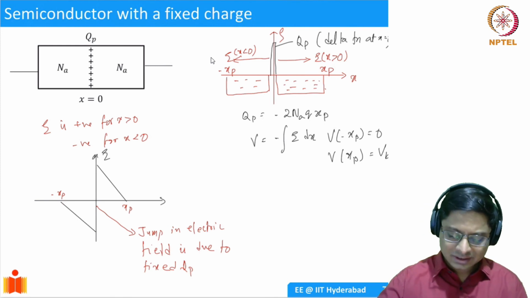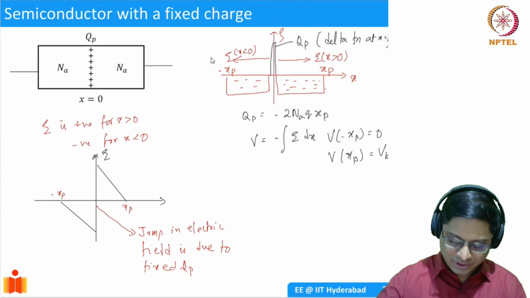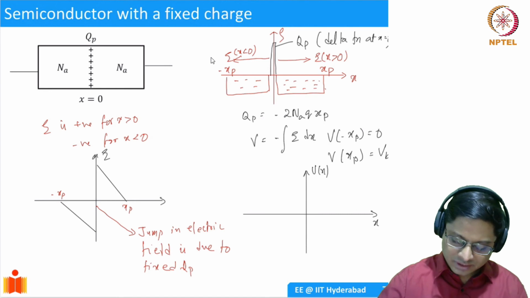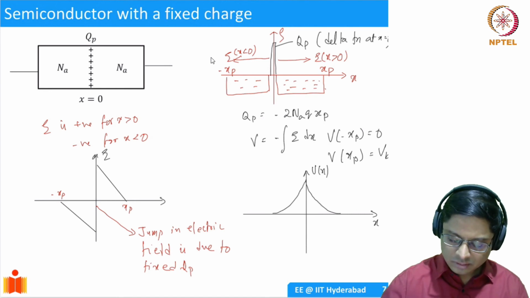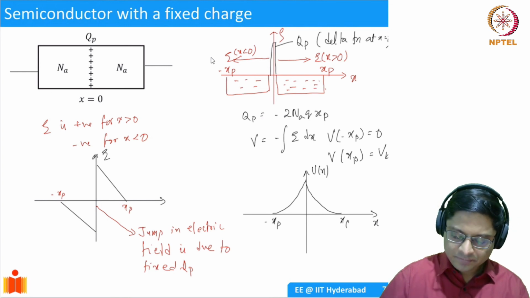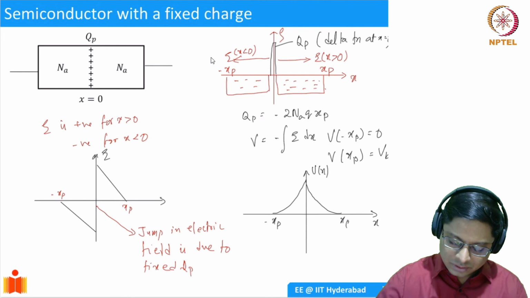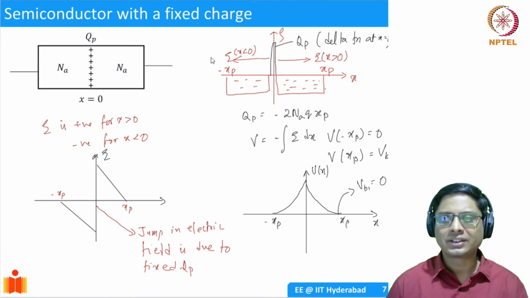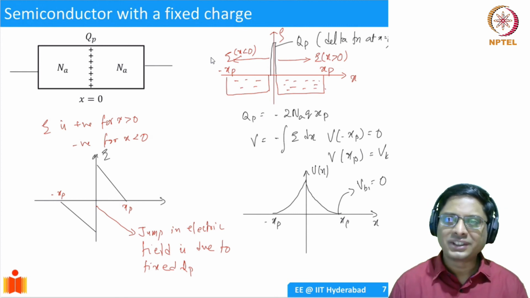You will see that since the electric field is linear, this is going to be quadratic, and the built-in potential is going to be something like this. This is minus xp and this is xp. So at x equal to xp, this vbi is 0 in this case. There is no built-in potential as such. But there is an electric field that forms in the depletion region.